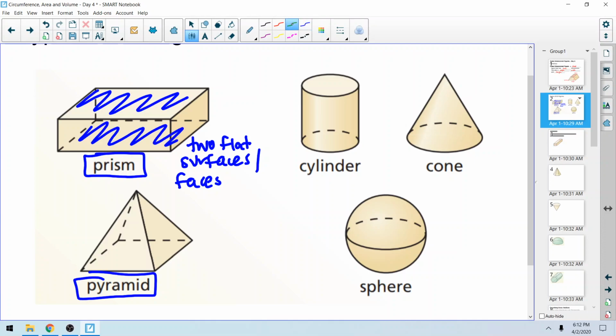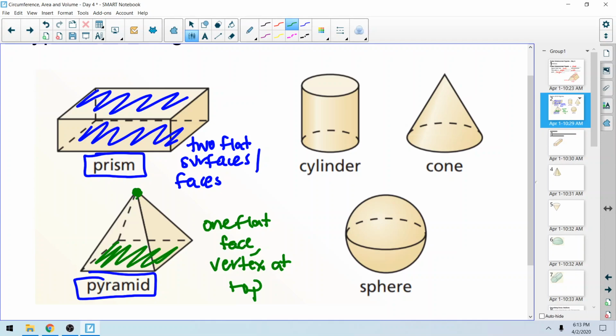Versus if you're looking at a pyramid, it has one flat face and then a vertex at top. So down here I'm going to have a flat face, and then up at the top I'm going to have a single vertex. So that's the main difference between a prism and a pyramid.